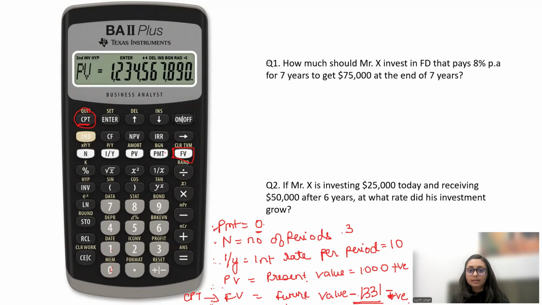If you have got that, let us try this question number 1. How much should Mr. X invest in FD that pays 8% per annum for 7 years to get 75,000 at the end of 7 years? Okay, so what all data do we have and what do we need to calculate?